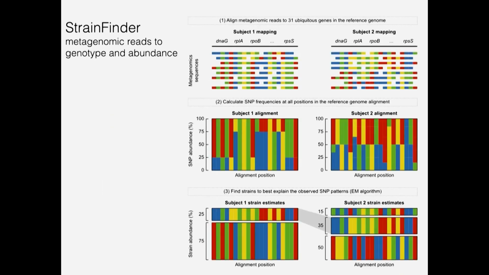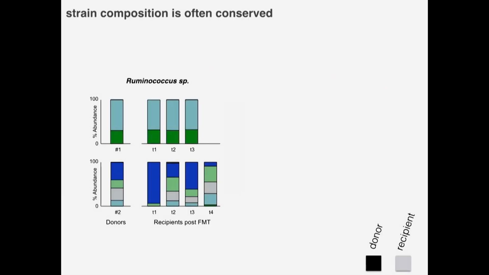In the end, after using this method, we find some interesting things about the fecal transplant. We find that in general, the bacteria that are in the donor are really important. And so the patient ends up actually looking like the donor.